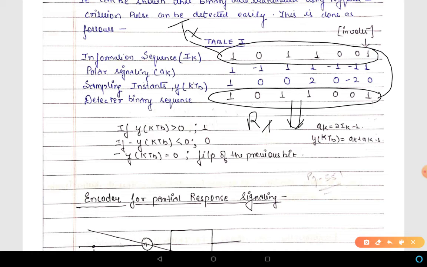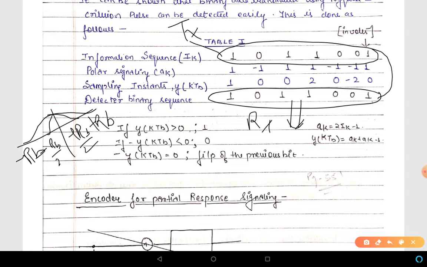However, it has an advantage: by intentionally introducing that interference, my bandwidth, which was from minus RB to plus RB in the Nyquist first criteria, will come down, from minus RB by 2 to plus RB by 2.